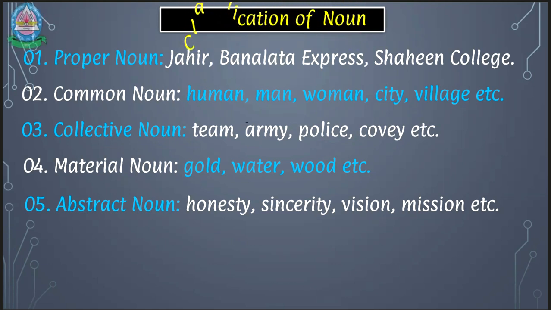Bangladesh national cricket team is a single word, but it means a group, right? If you say Bangladesh army, this is only one word, but it means a group. The same is the case with police, flock, etc. Flock means a group of birds. In Bengali, you can say jhak, pakir jhak.